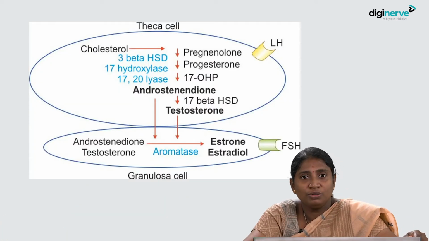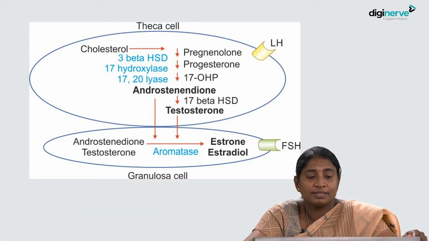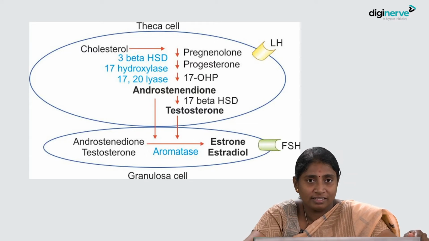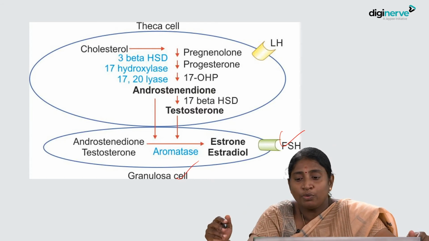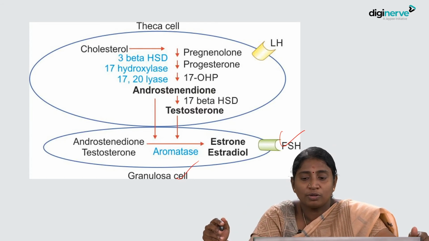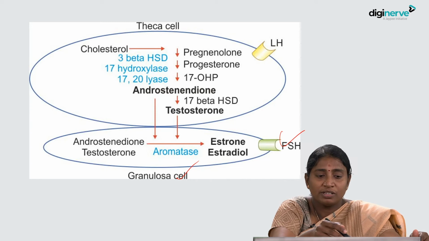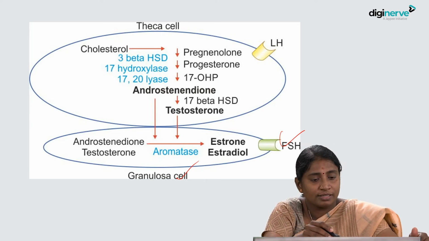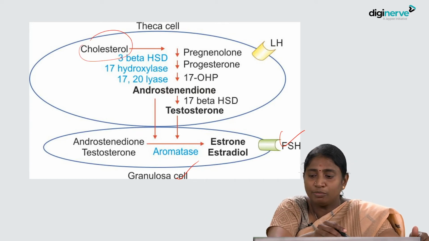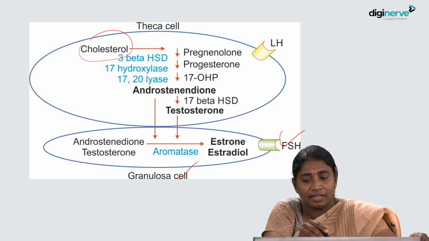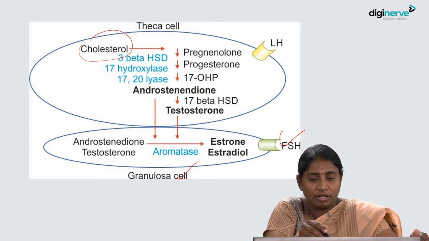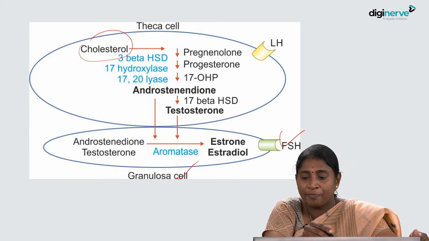Let us see the two-cell, two-gonadotrophin hypothesis. Theca cells and granulosa cells: LH acts on the theca cells and FSH acts on the granulosa cells. Ovarian steroids are synthesized from cholesterol through an interaction of theca and granulosa cells. Cholesterol is initially mobilized into the mitochondria by steroidogenic acute regulatory protein, where it is converted into pregnenolone by cholesterol side chain cleavage enzymes.